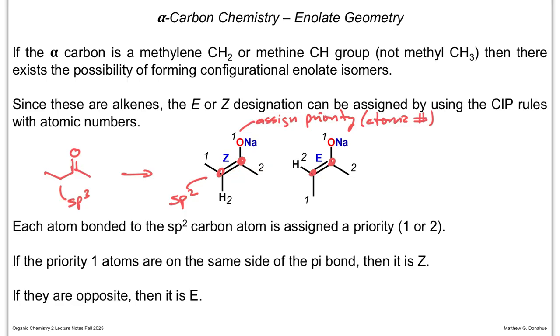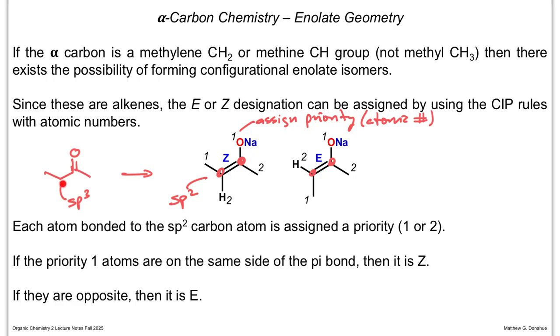That means the way you're looking at this, there's a pi cloud towards you and a pi cloud behind the projector. So when it reacts with an electrophile, the electrophile can come this way or this way. As I said, in the product you're regenerating an sp3 hybridized carbon, which will become a stereocenter.